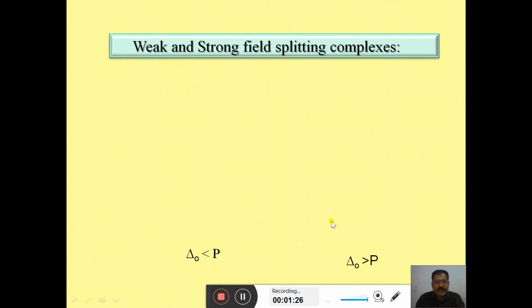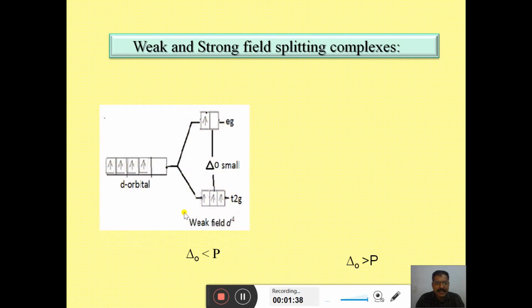Now there are two types of complexes, weak field splitting and strong field splitting. In the first, delta O is less than the pairing energy, and in the second, delta O is greater than the pairing energy. Let us consider one example of a weak field d4 complex. Here the d orbital has 4 electrons to fill, and it is split into two: t2g at lower energy and eg orbitals at higher energy.